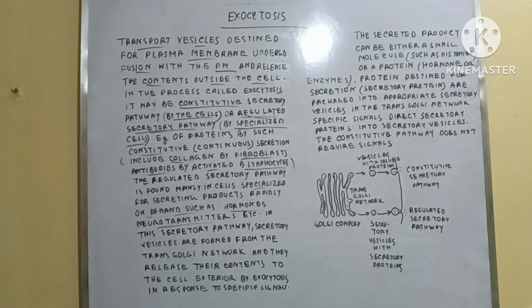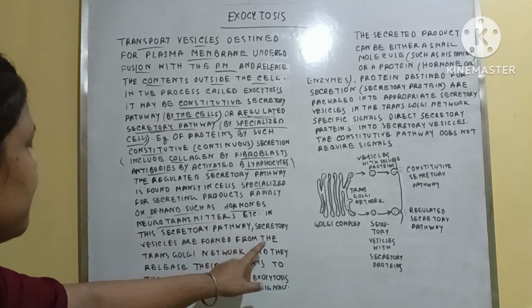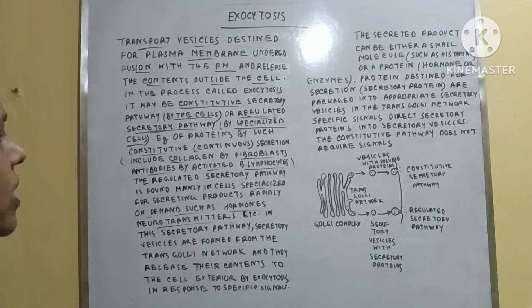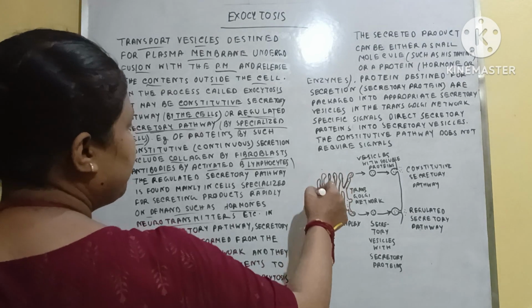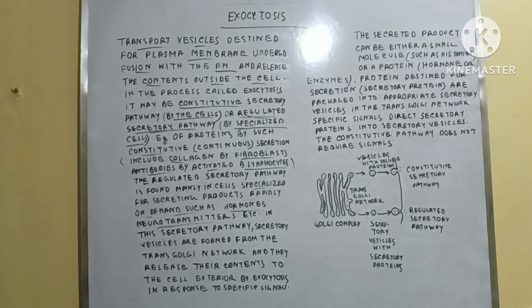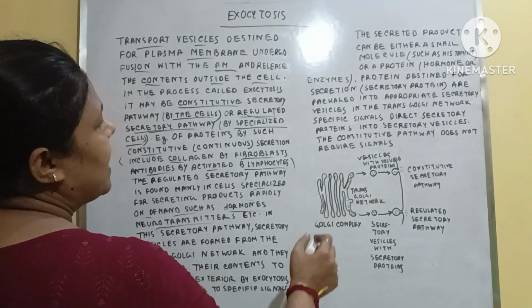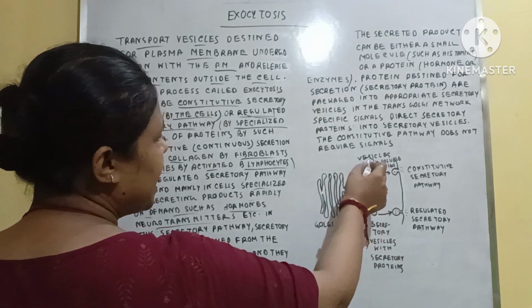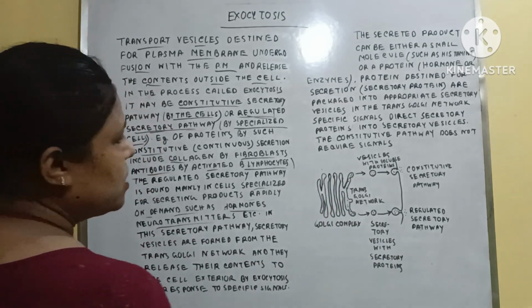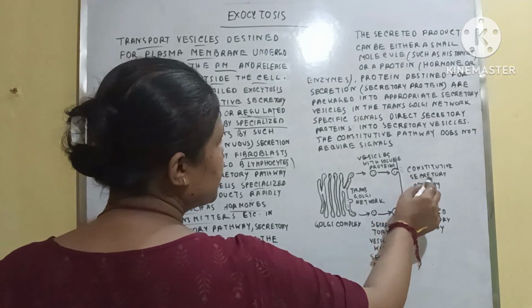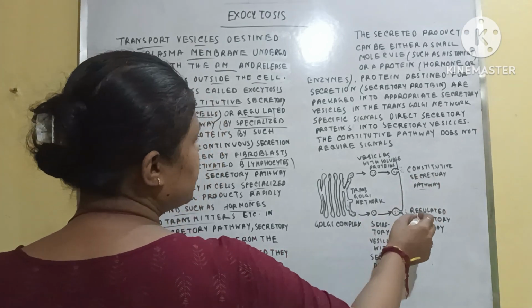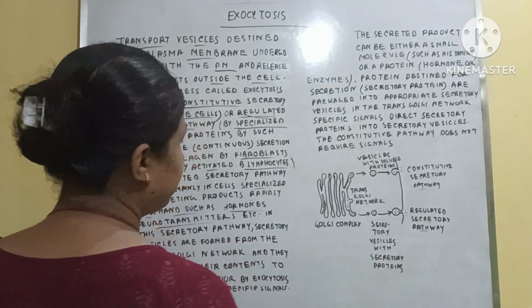Clear? In the secretory pathway, the secretory vesicles are formed from the trans-Golgi network. This is a very brief, rough structure of the Golgi complex, and this is the trans-Golgi network, and here the two pathways are seen: the constitutive secretory pathway and the regulated secretory pathway.